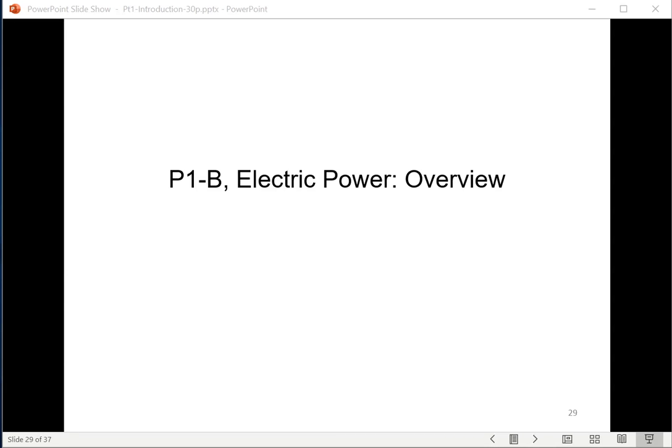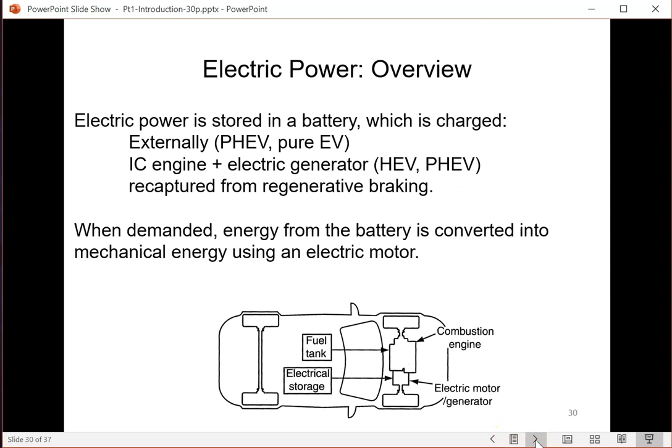Now, if you think about electrical vehicles, the center of the vehicle, really the main energy storage device, is a battery. The battery can be charged externally, like in plug-in hybrid vehicles or pure electrical vehicles.